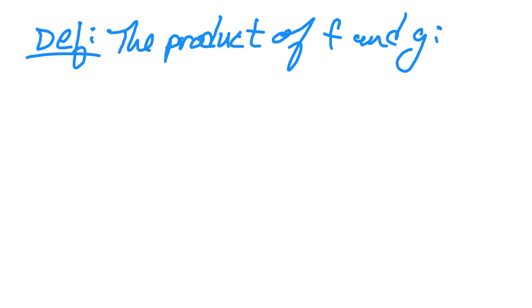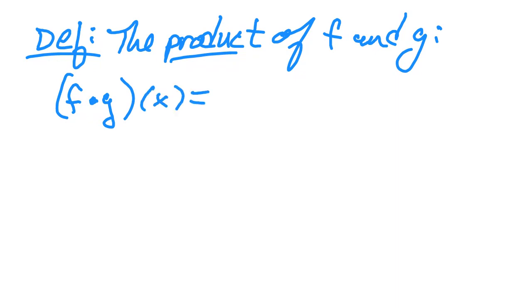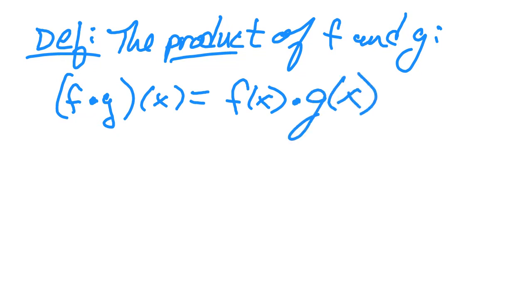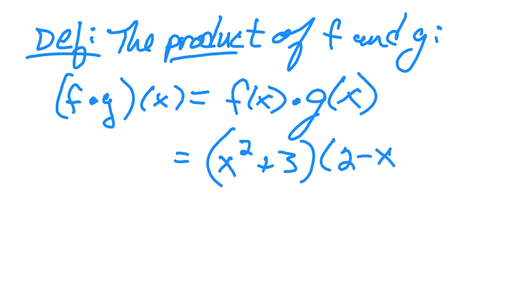So the product of two functions, f times g evaluated at x, so that is a raised dot, is going to be f of x times g of x by definition. So in our case, what would it be? It would actually equal x squared plus 3 times 2 minus x cubed.